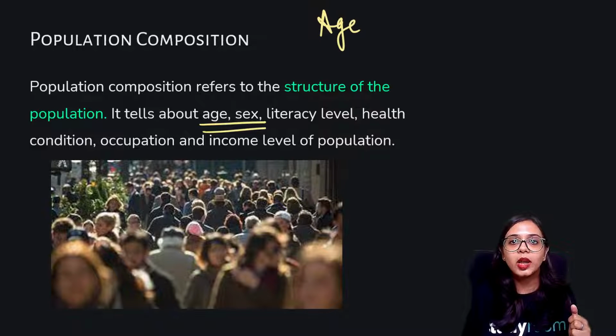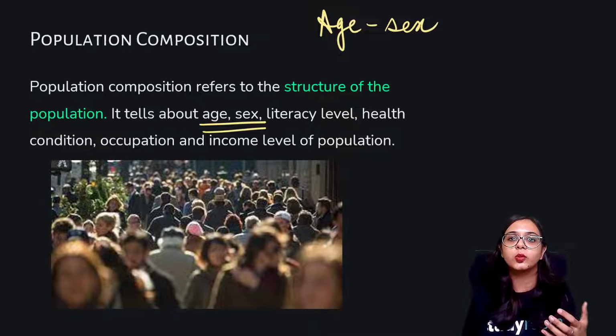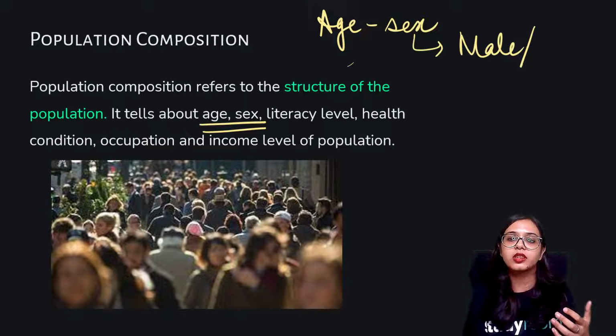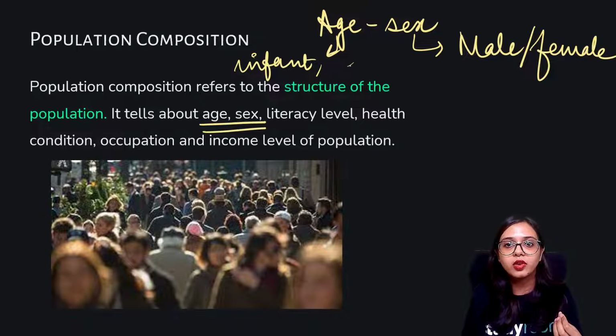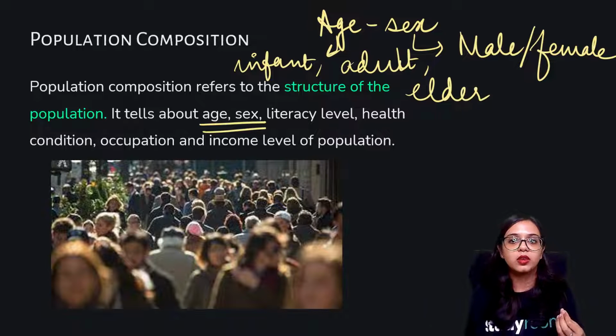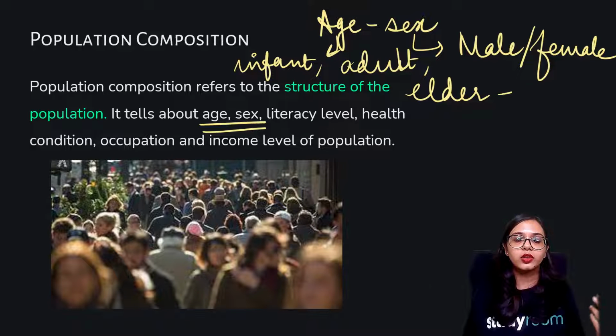Whether that particular individual is a male or a female, and what is the age category of that individual, whether an infant, an adolescent, an adult, or an elderly person. These two are the main determinants that are taken into account when we are talking about population composition.